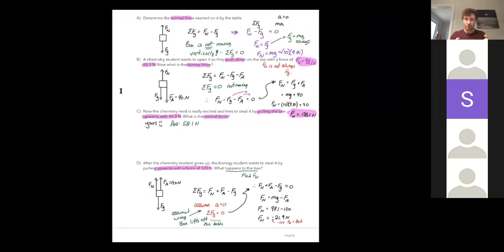If they're pulling with more than it takes, you're going to get some left over. It's like paying for food. If you give them too much money, they give you change. That change is your acceleration. Super fun. Any questions?